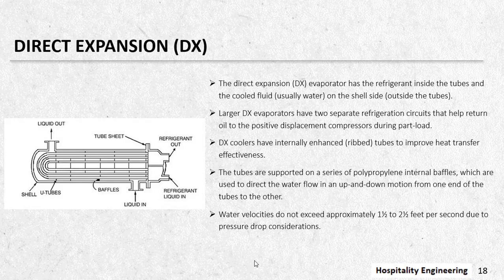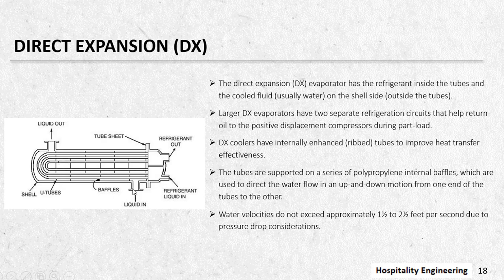Now we will see the direct expansion evaporator. In this picture, you can see the refrigerant liquid goes inside the tube. Then the same refrigerant liquid is converted into gas going outside.